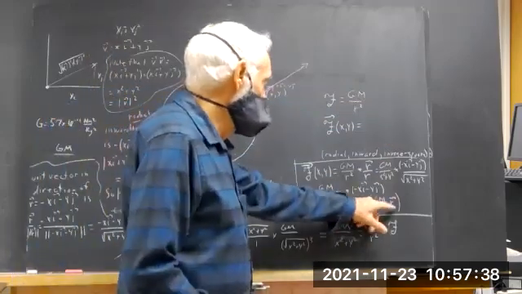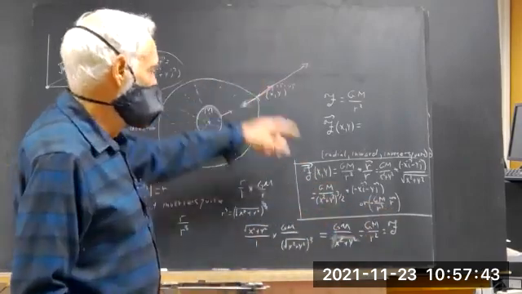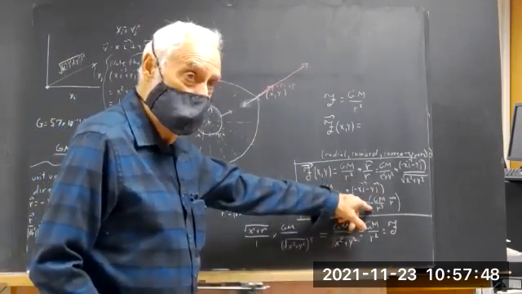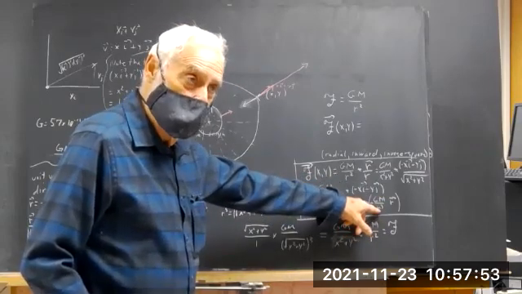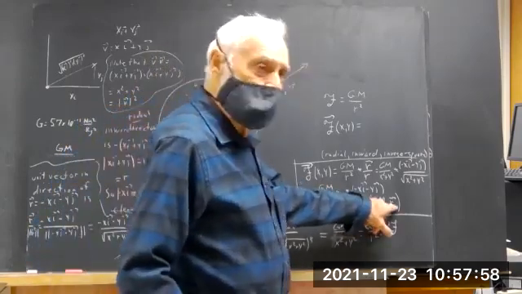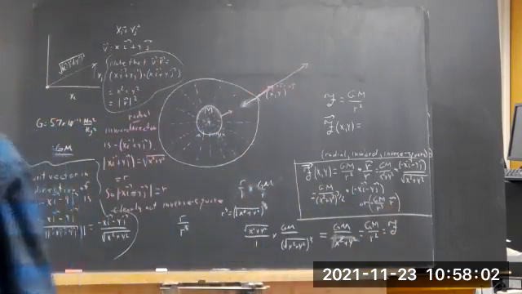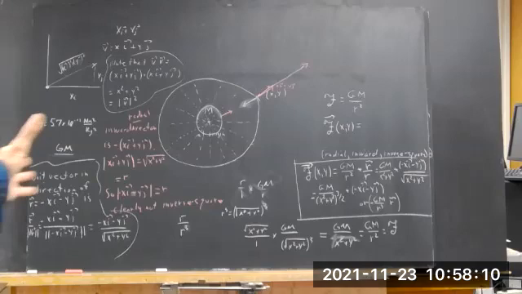Here's your R vector. Actually, your R vector is here to here, so it's the negative of the R vector, and you've got the negative sign there. And there's your inverse square proportionality. If you've got an R cubed there, it's an inverse square proportionality because one of these R's makes a unit vector out of this. Try to understand that for both physics and vector calculus. A really good example and one of your more accessible examples.